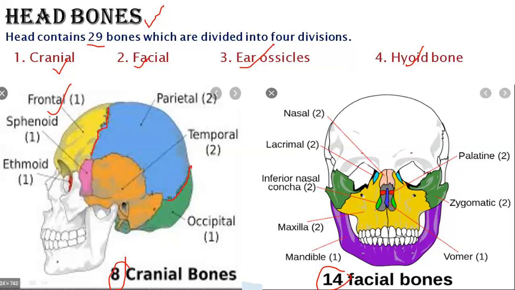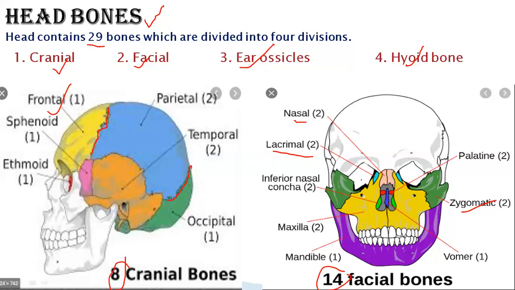So the 6 paired bones of the face are, we'll start from here, the zygomatic bone, which is called the cheekbone as well. Then there are the palatine bones, nasal bones, and lacrimal bones, where the lacrimal gland is present.